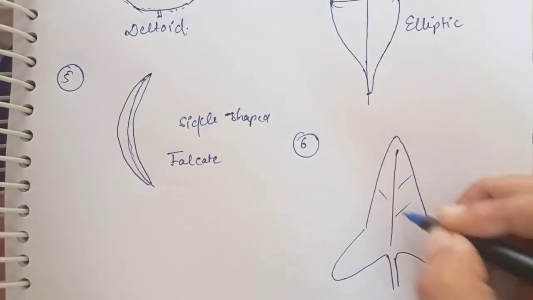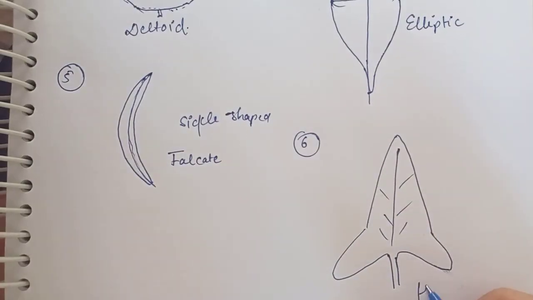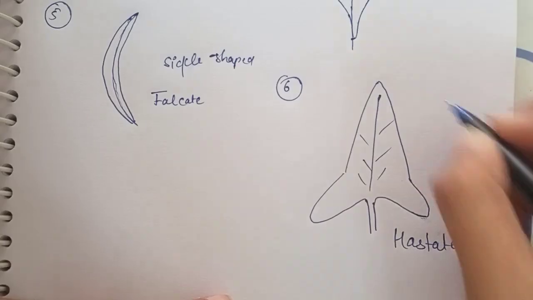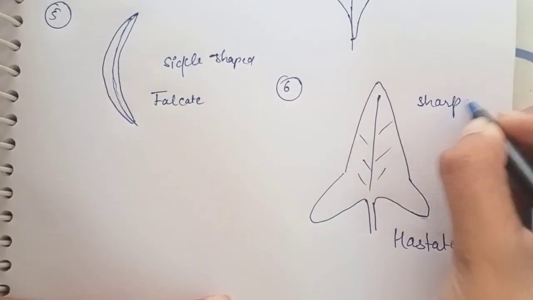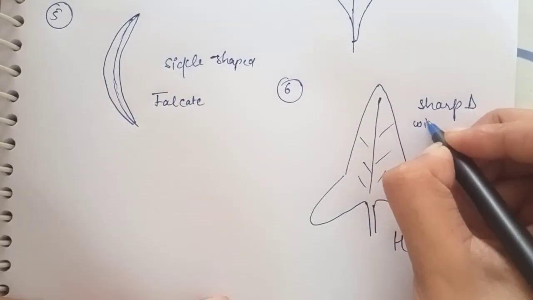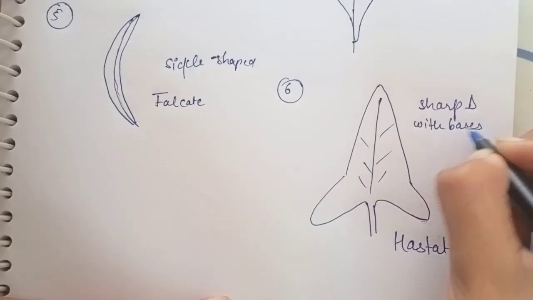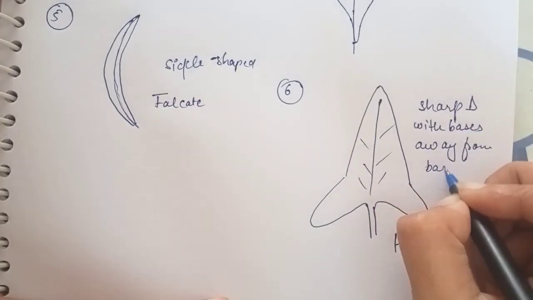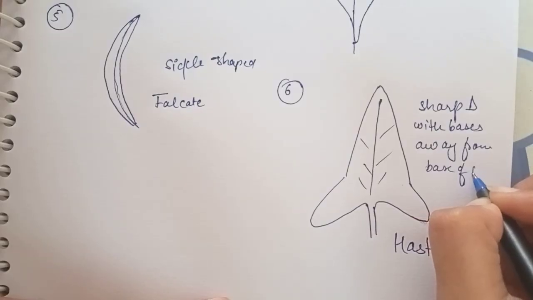Such a leaf is known as hastate, a sharp triangular leaf with basal lobes spreading away from the petiole.